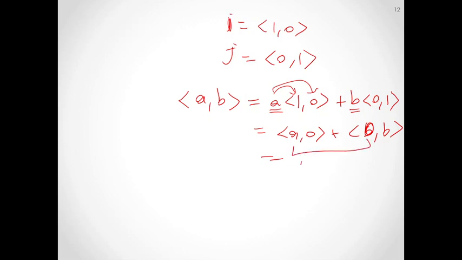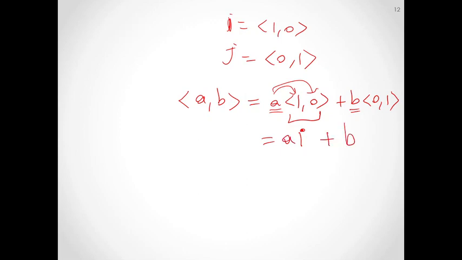When you add them, you get (a, b). So this writing is true. The vector (a, b) can be written as a times the i vector plus b times the j vector.